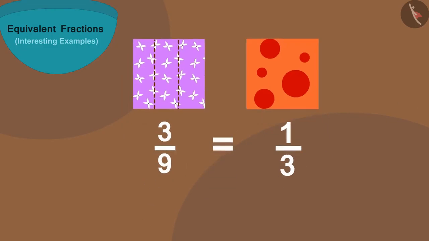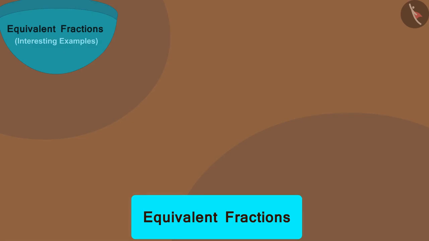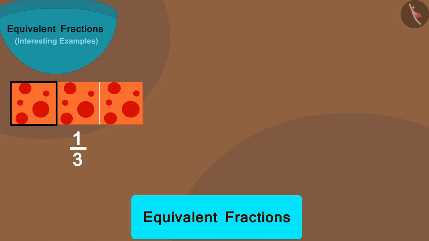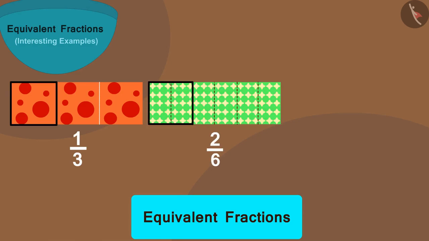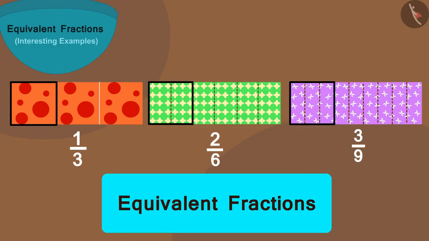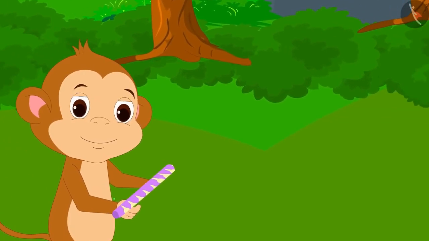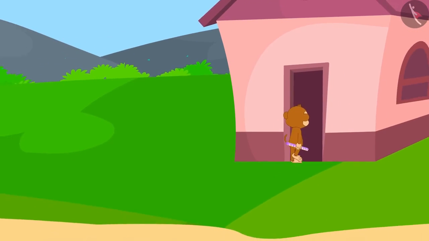And these two are also equivalent fractions. In this way, 1/3 is equal to 2/6 is equal to 3/9. All these are equivalent fractions. Babban took 3/9 part of Chanda's cloth from her and happily returned home.